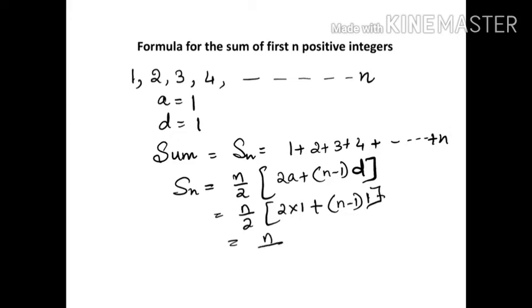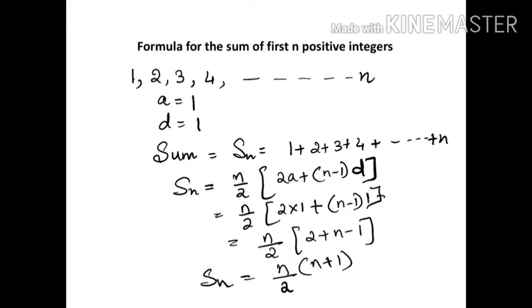On simplifying, we get n upon 2 times 2 plus n minus 1, which is n upon 2 times n plus 1. So, the sum of first n positive integers is n upon 2 into n plus 1. We can also call this as sum of first n natural numbers.